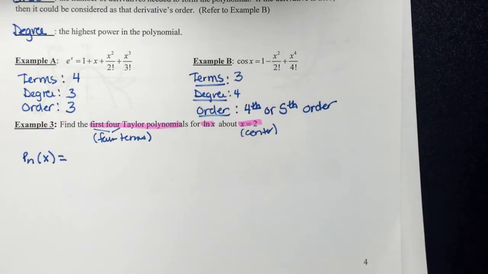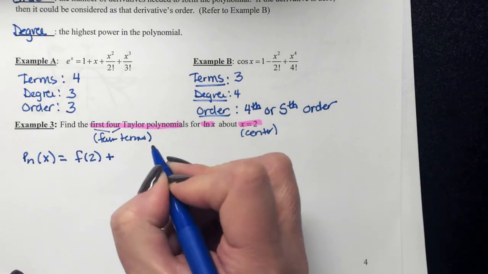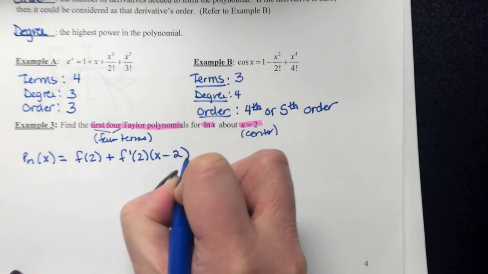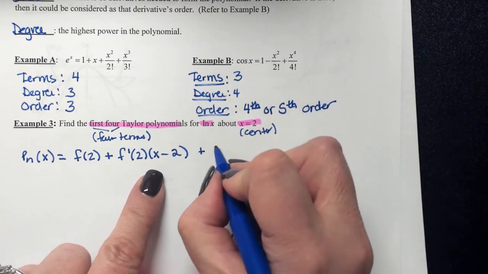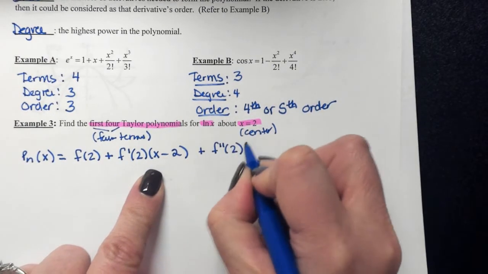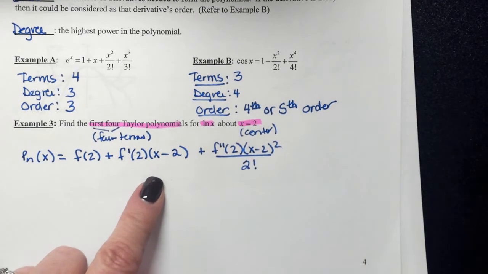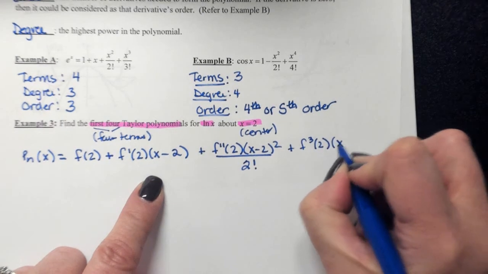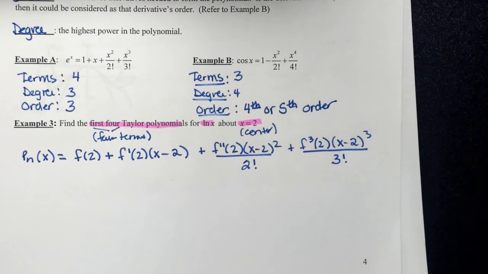So when I want to generate this particular Taylor polynomial, I know it's going to start with f of 2 plus f prime of 2 times x minus 2, plus, so there's my 1 term, 2 term, the second derivative at 2 times x minus 2 to the second, all over 2 factorial, plus the third derivative at 2 times x minus 2 to the third, all over 3 factorial.